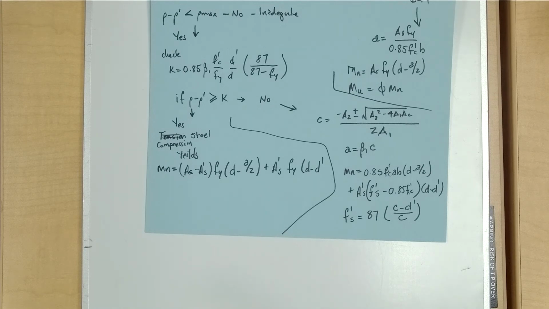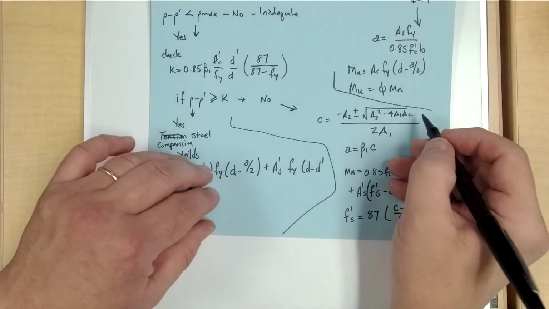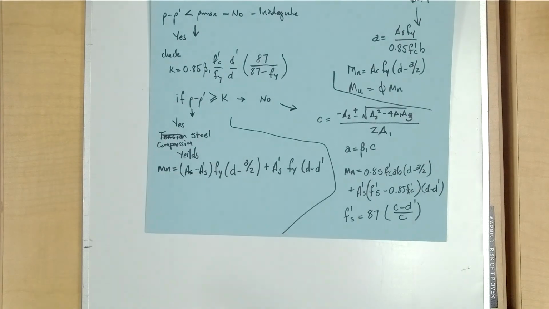Any questions? Yes, sir. In the quadratic formula though, the last A on the top part, that's A3, not A_c, right? Well, A3, yes. And A1, A2, A3, those are in the notes before.